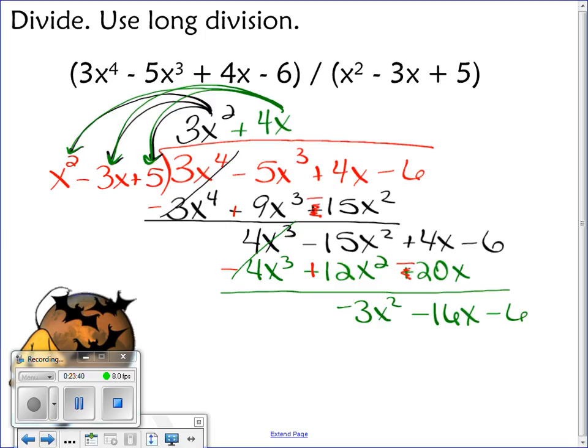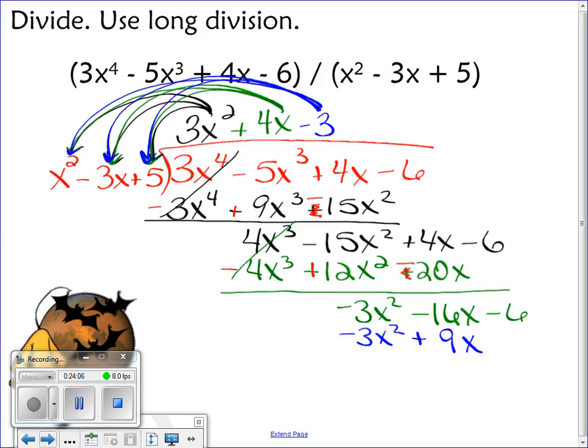What do you multiply x squared by to get negative 3x squared? Negative 3. All right, so then we distribute, right? Negative 3 times x squared. Negative 3 times negative 3x. Positive 9x.